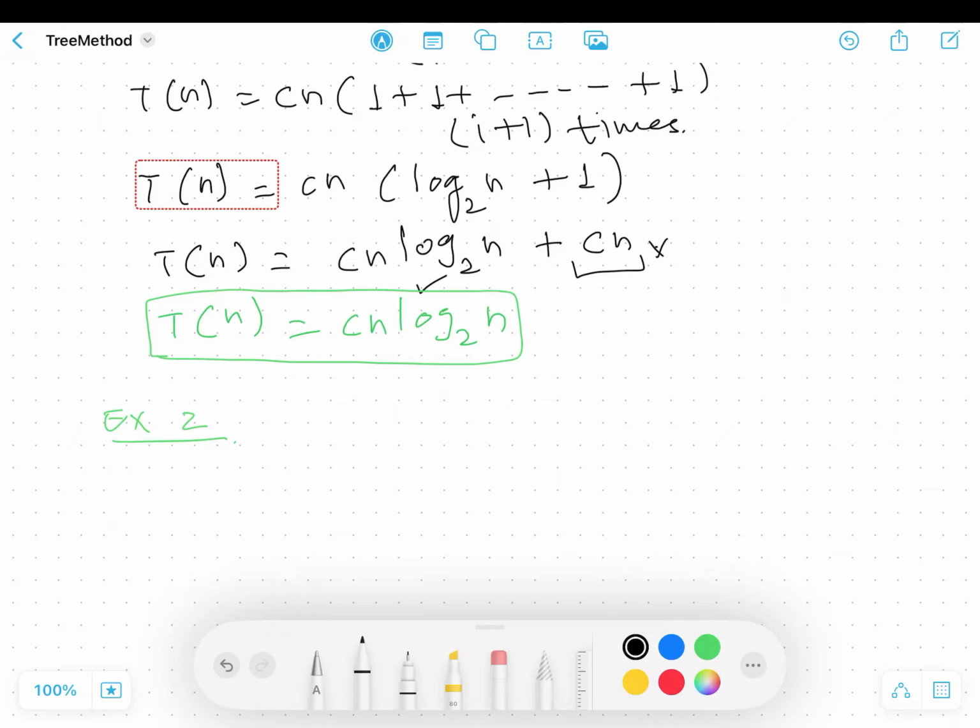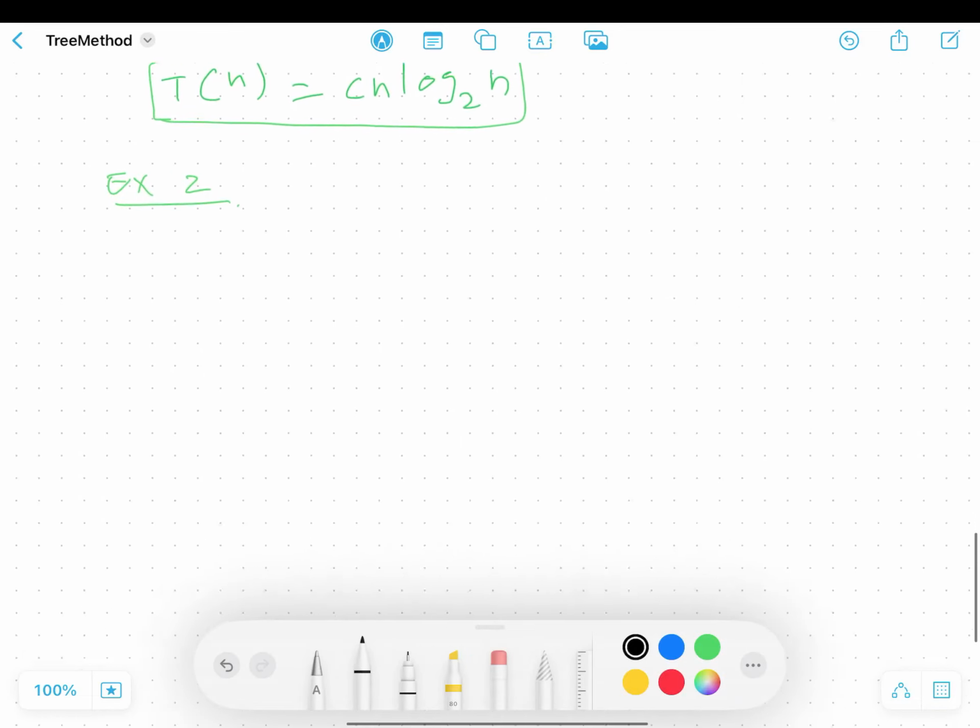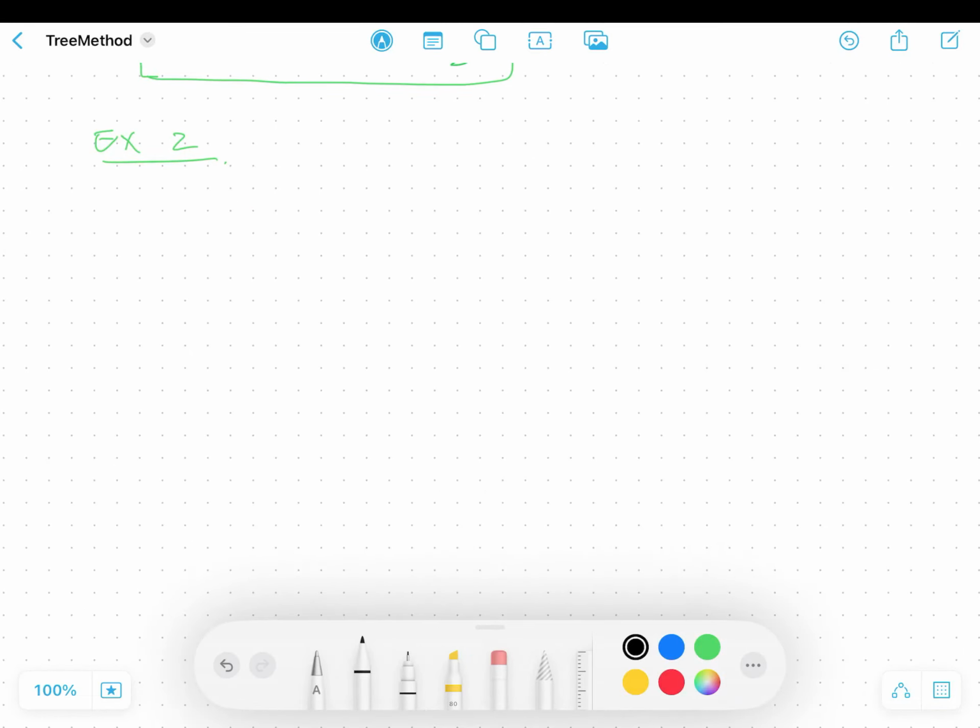So our next recurrence is going to look like this. It is a little more complicated than the previous one.